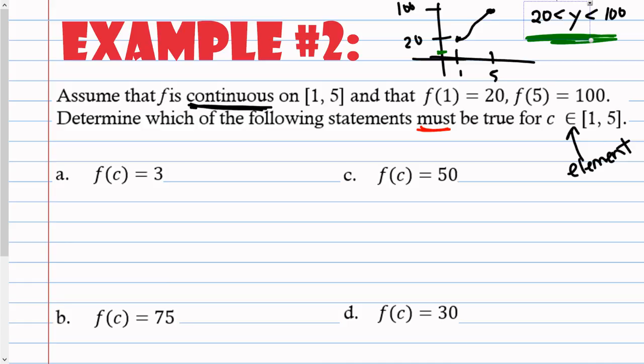Can it? Yes, it can. My first graph that I drew here does not go down to y equals 3. But could it have gone down like this? Yep, it sure could have. But I don't know if it did for a fact. So there's an instance where f of c equals 3 could happen, but there's also an example where maybe it didn't happen. So that's not necessarily a must. So this is false.